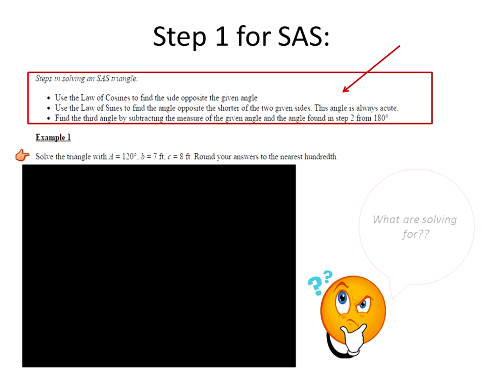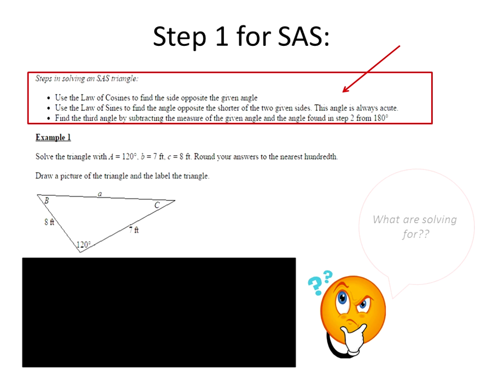So the first thing is, if we don't have a picture of this, we want to go ahead and draw it. So we want to show a nice obtuse angle here, a wide angle, that's 120. Opposite that is side a, so we want to make sure we're labeling these that way.